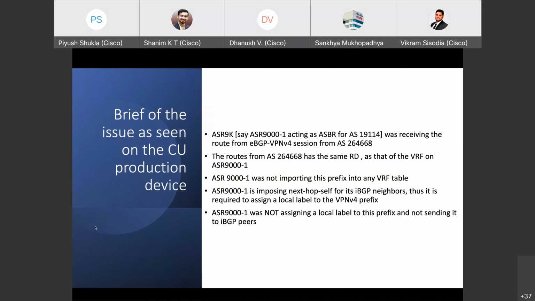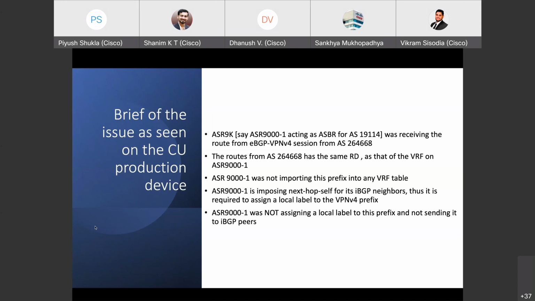When a device is in the data plane in VPN v4, it means that you'll be receiving that packet somehow on one of your interfaces. And once you do that, there must be a local label for that prefix assigned so that you know the forwarding state, like which interface and what is the next hop and all that stuff.